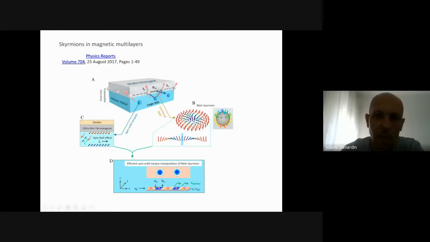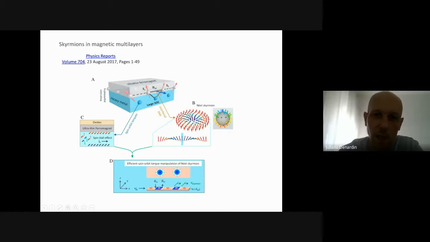You have a rotation of the spins that is 90 degrees, and this makes the skyrmion have spins that rotate, like in this example, this is a Néel skyrmion, from outside to inside of the plane in a very odd manner, very differently from the normal rotation you have when you have a vortex, for instance.